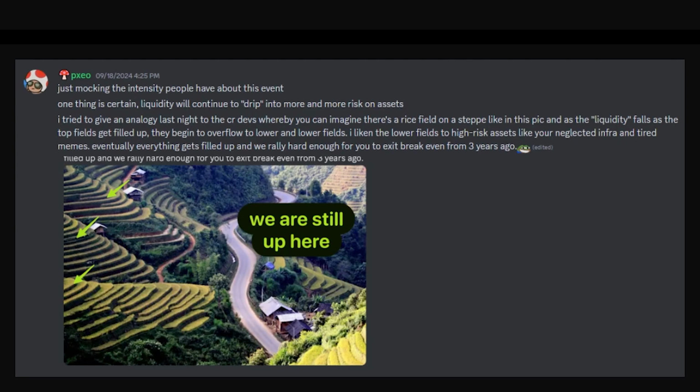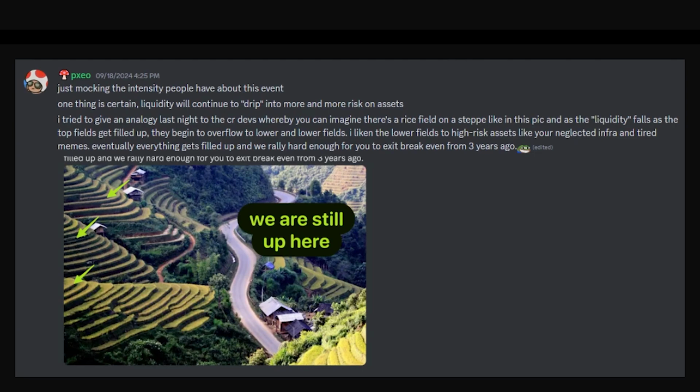Which is kind of the point here, that as people have filled up the, let's call them the rice steps, or maybe you can set this up better than me, but I just have this idea in my head that liquidity is literally like watering the rice fields in northern Vietnam. Honestly, I have no idea how the watering of rice fields works.